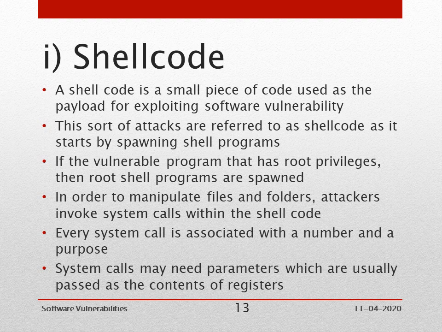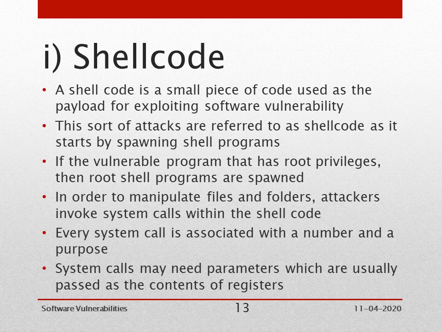Attackers who exploit stack overflows can do it in two ways, either by injecting a shellcode or by using an existing library function. A shellcode is a small piece of code used as the payload in the exploitation of software vulnerabilities.